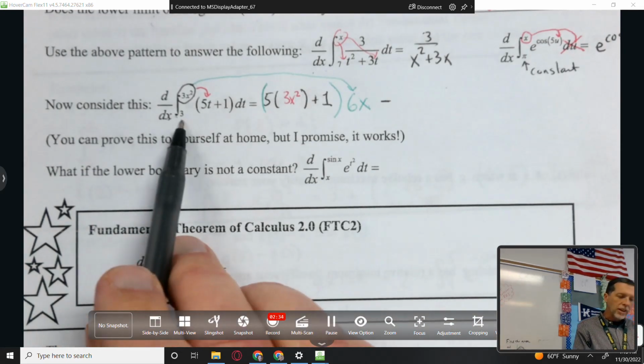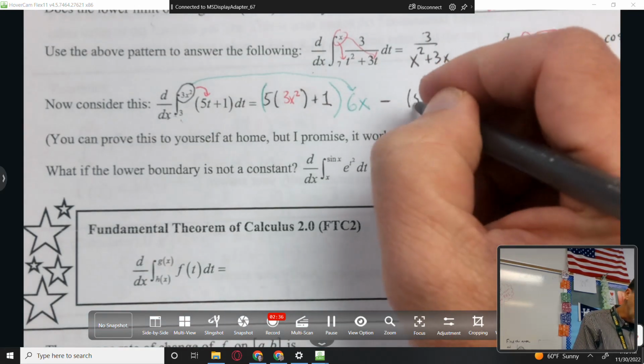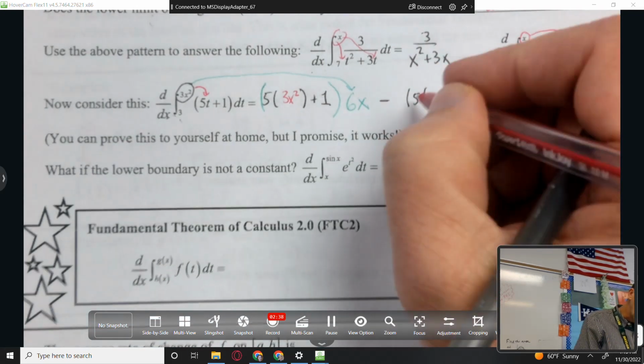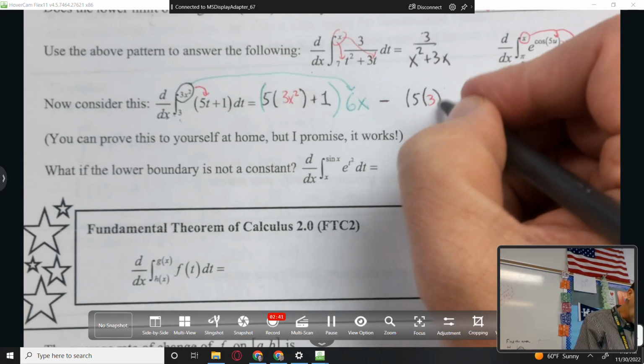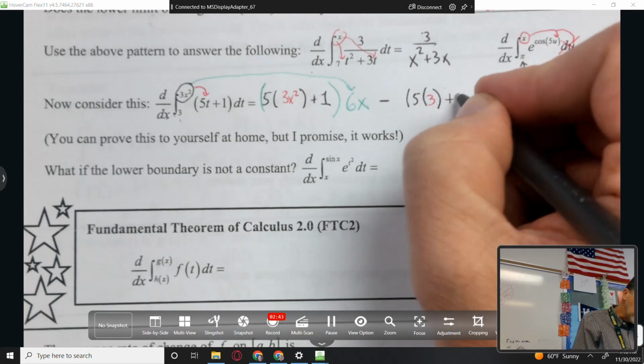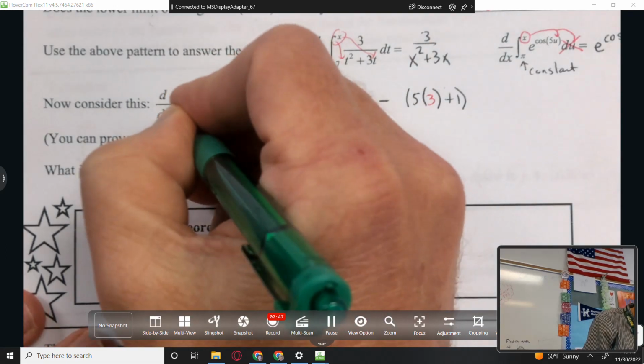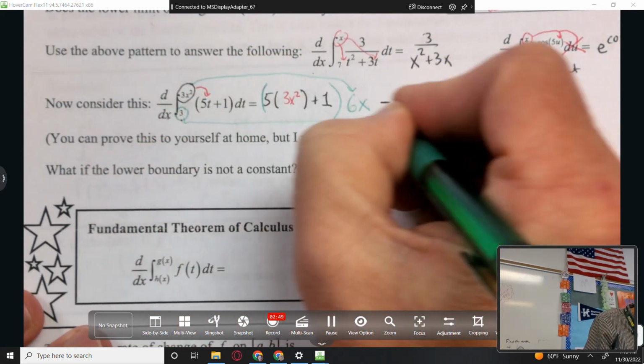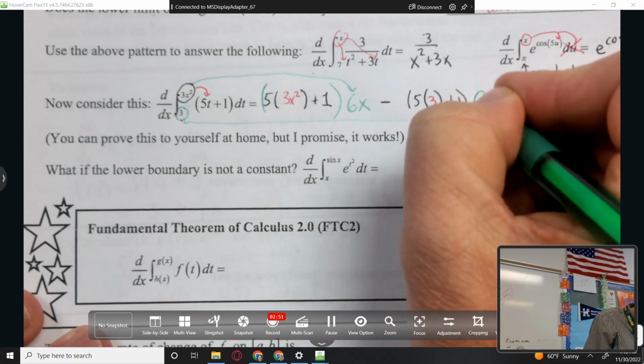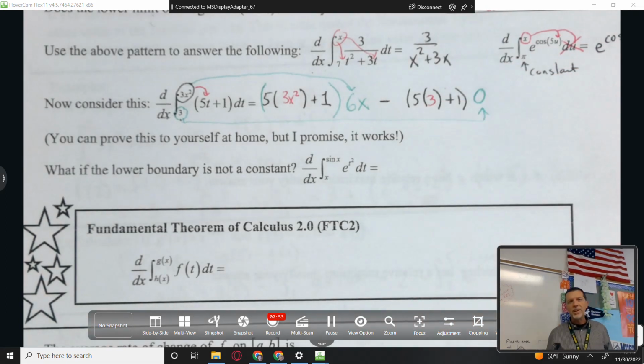So now let's plug in the bottom one. 5 times 3 plus 1. And then what's the derivative of the bottom one? Turns into 0. So there's why, if the bottom one's a constant, it zeroes out whatever else was going on, because it doesn't matter.